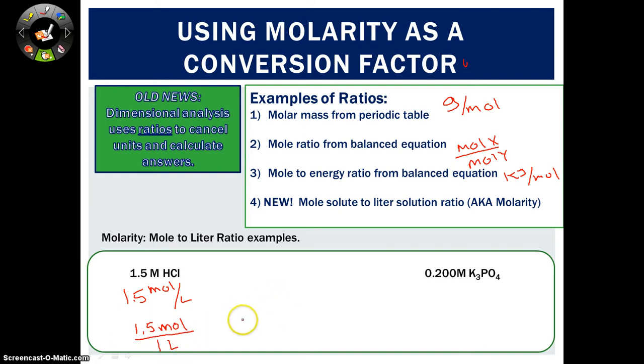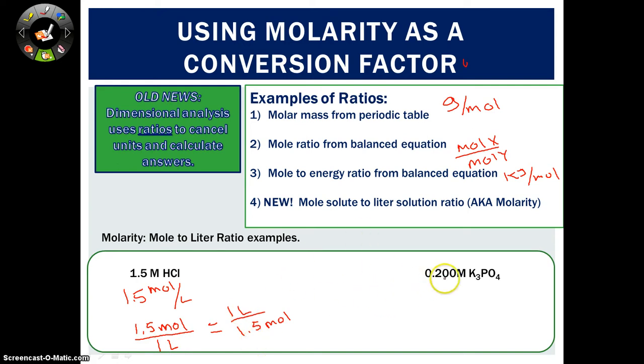This ratio can also be written, means the same thing as 1 liter over 1.5 moles. Either way, we can use this 1.5 molar, remembering that capital M molar means moles per liter, and write it as a ratio. Moles over liters or liters over mole.